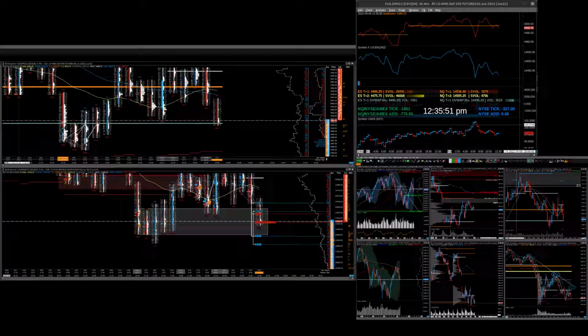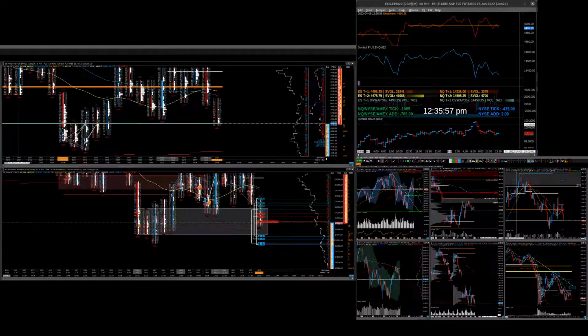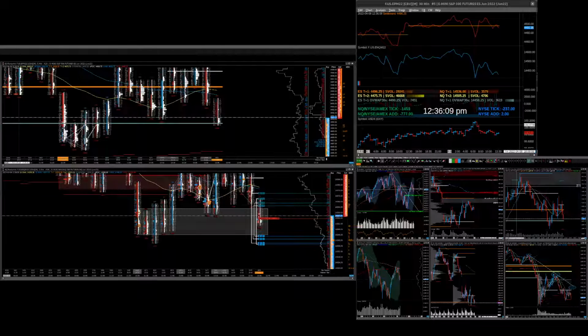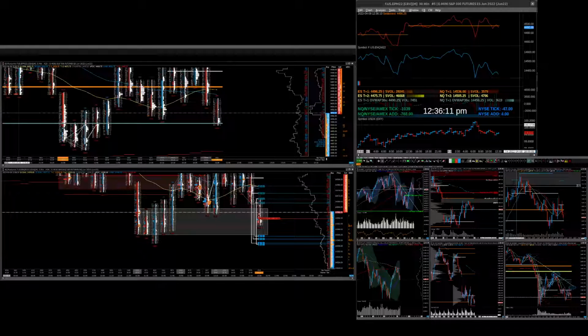So let's try. We'll do a little smaller, a little wider stop. Scale it in. Short 2. Let's see, what's the right place for a stop loss here? Probably up above this area here.